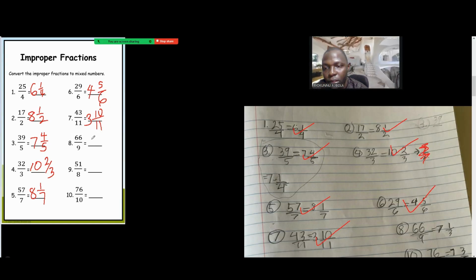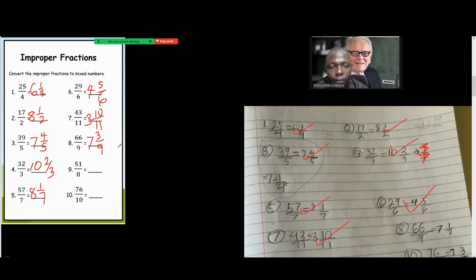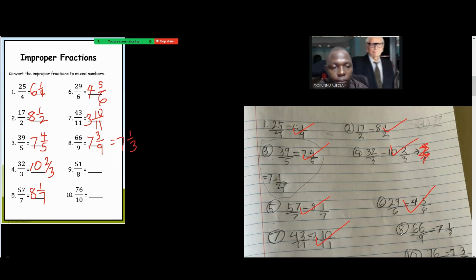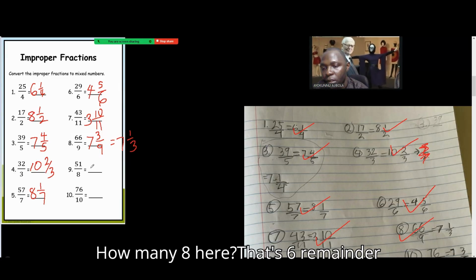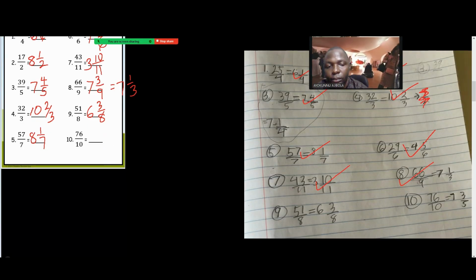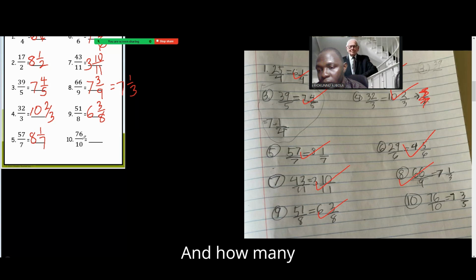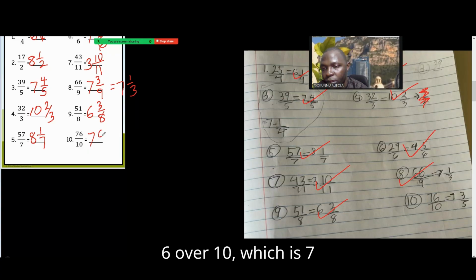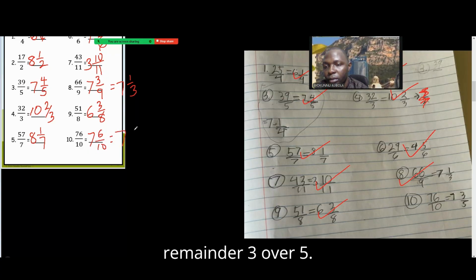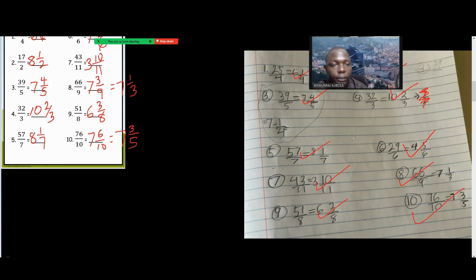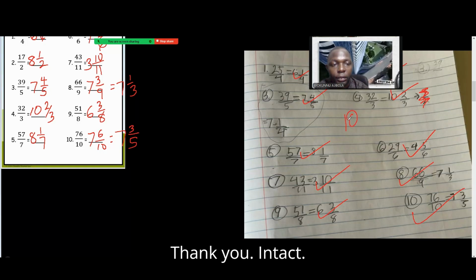That's 63, that's 7, remainder 3 over 9, which is 7, remainder 1 over 3. How many 8 here? That's 6, remainder 3 over 8. And how many 10 here? That is 7, remainder 6 over 10, which is 7, remainder 3 over 5. Okay, I think everything is intact.